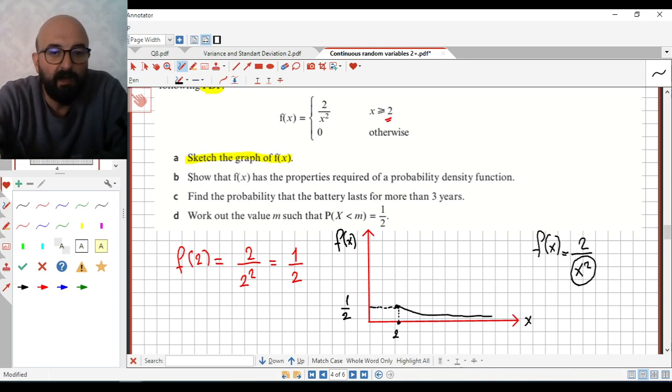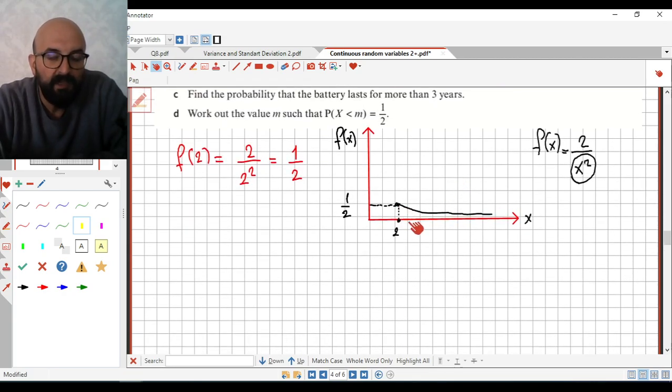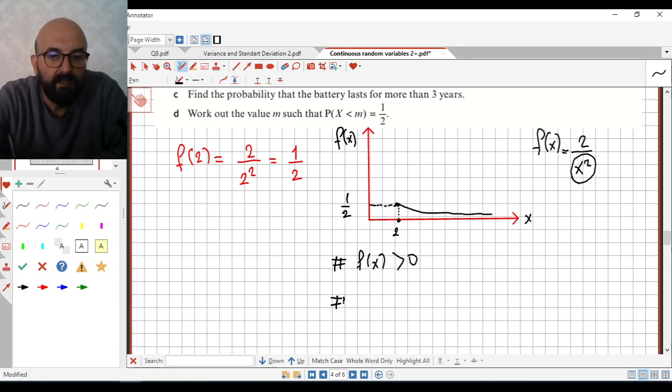Okay, and now show that f(x) has the properties required of a probability density function. A probability density function should be positive. So if you look at the graph, your function value is also positive. And the second one, the area under the graph should be 1.